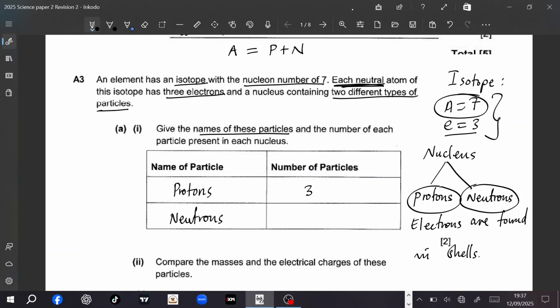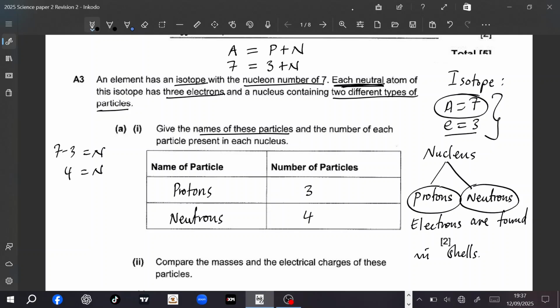Now, if we are told that nucleon number is 7, and we have identified that the proton number is 3 plus neutrons, how can we know the number of neutrons? By just collecting like terms. So this 3 can cross here so that it becomes 7 minus 3 is equal to neutron number. So 7 minus 3 is 4, which is the number of neutrons. So number of neutrons here will be 4.